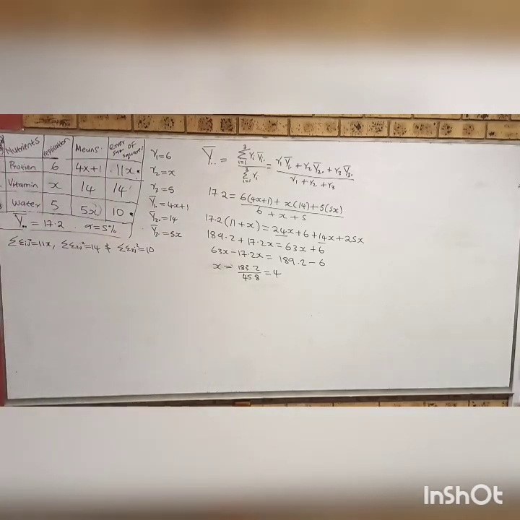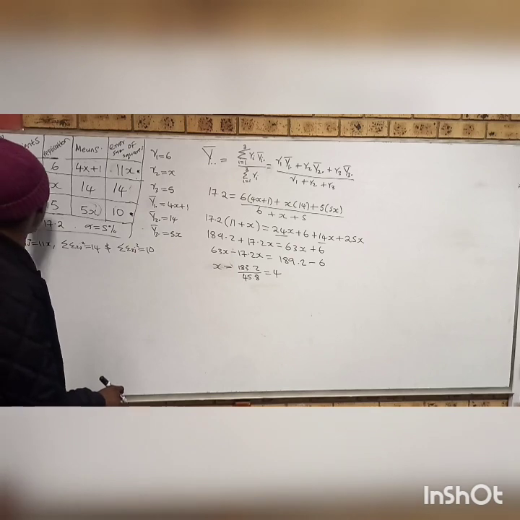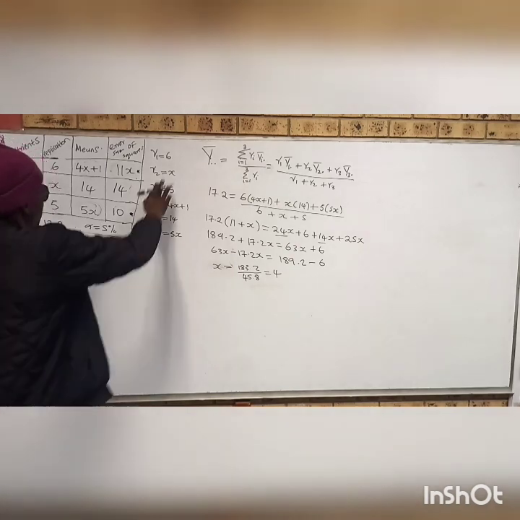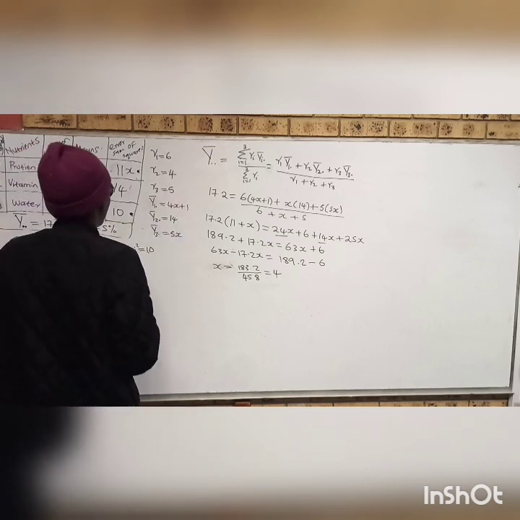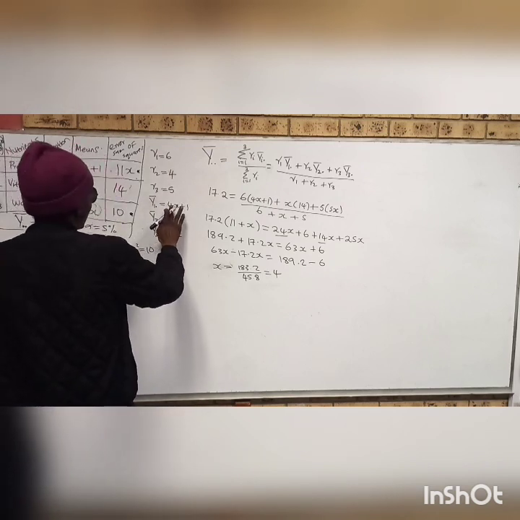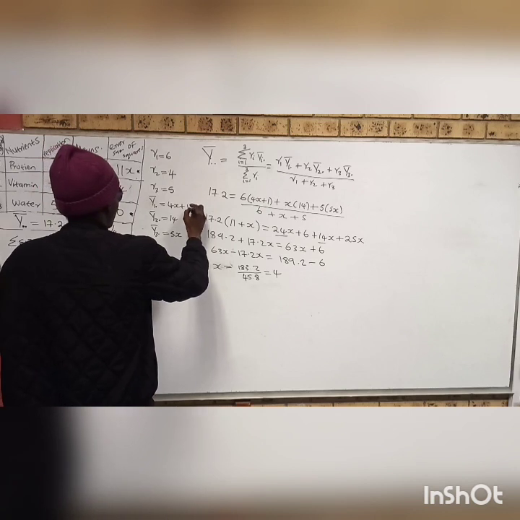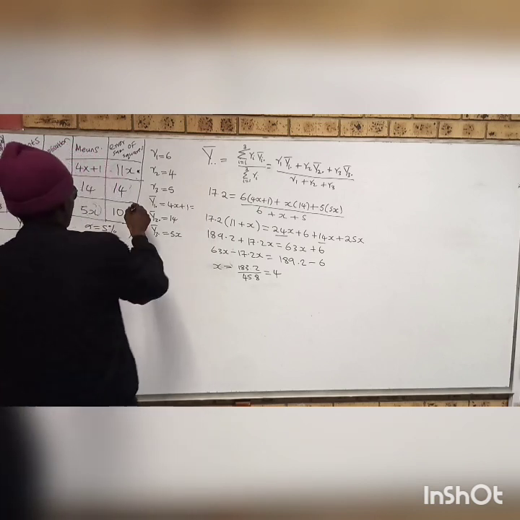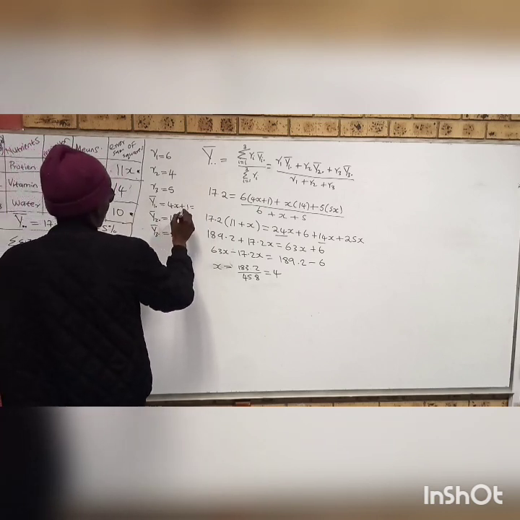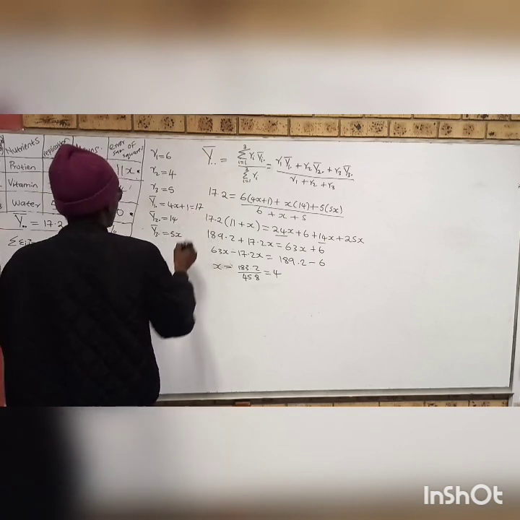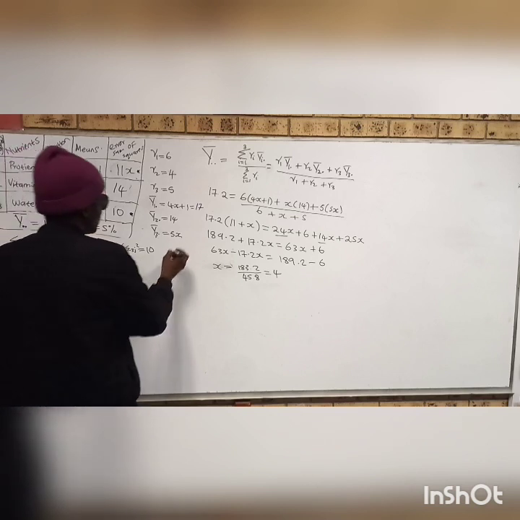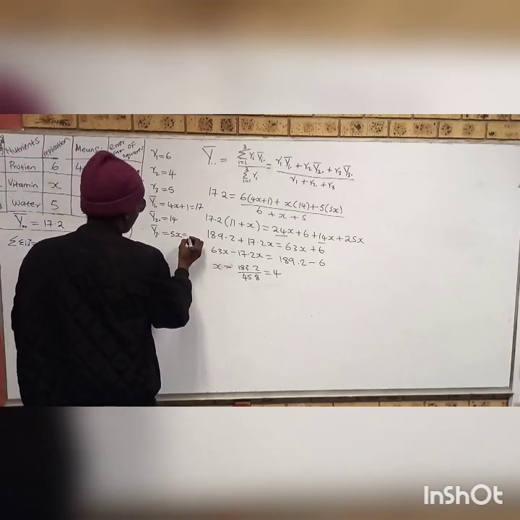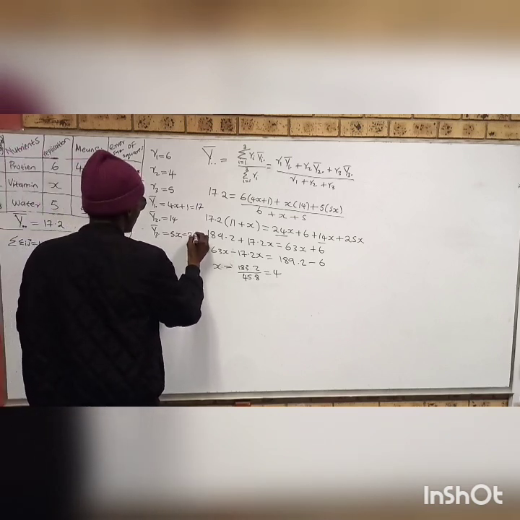So we found that our x is 4, which means the number of replications for the vitamin, the second treatment, is 4. The mean for this one is given by 4 times 4 plus 1, which is 17, and for this one is given by 5 times 4, which is 20.